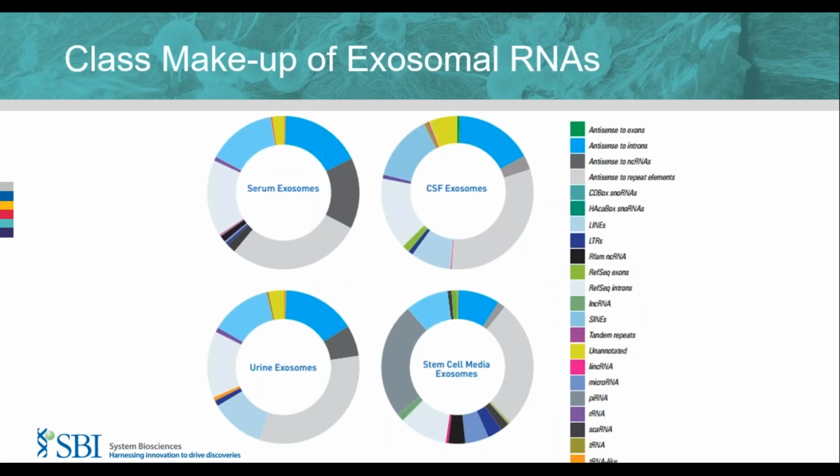This is data that we have also generated in-house with our ExoNGS service, where you can again see that the composition of the exosomal RNA varies enormously between different types of samples.